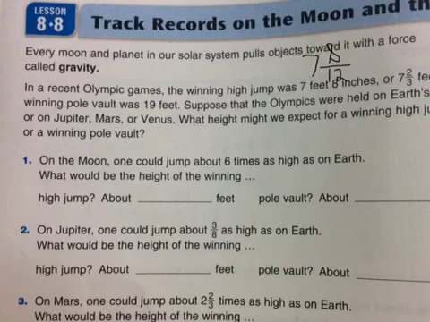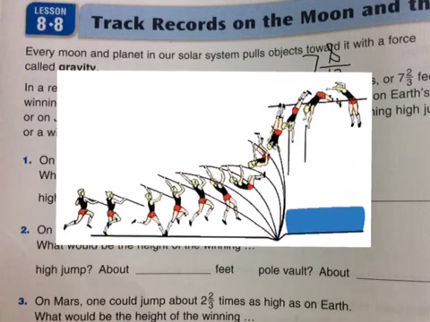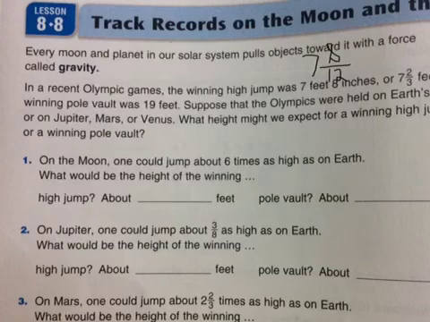The pole even bends and it kind of throws the person over this bar really high up in the air. This is an illustration of the sport of pole vault, where you use the power of the pole to jump over a bar high up in the air. So 19 feet was the length.